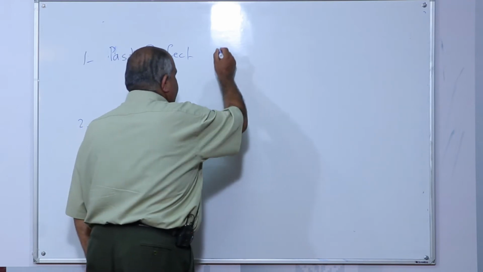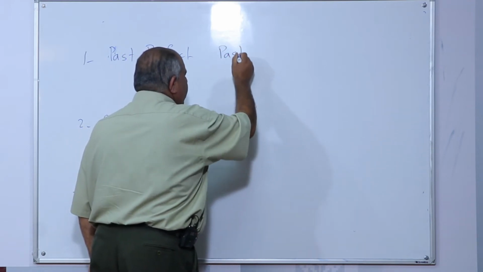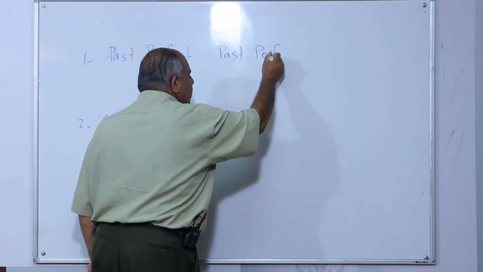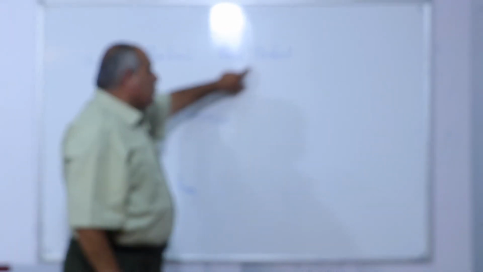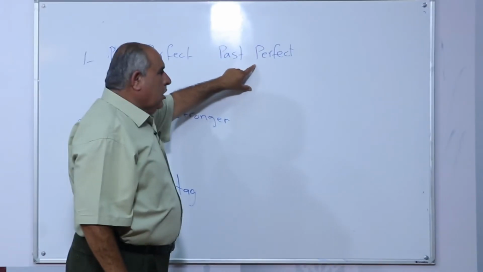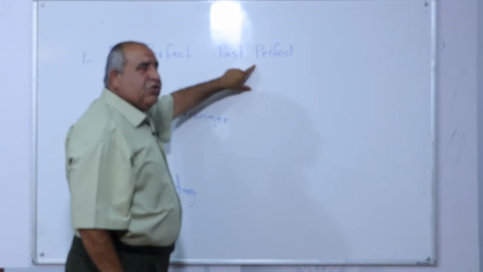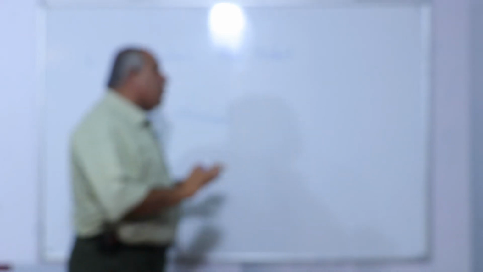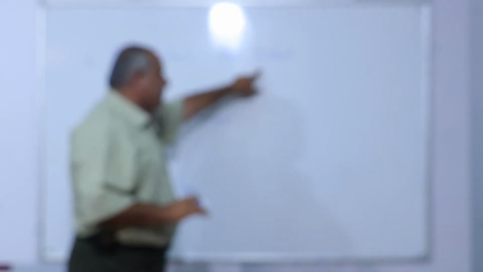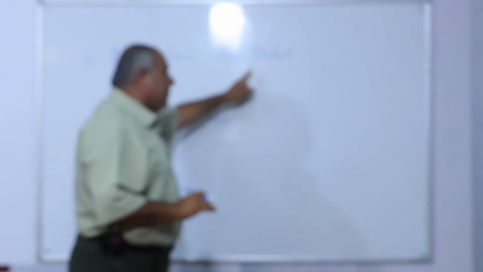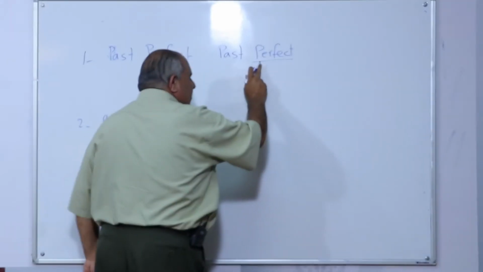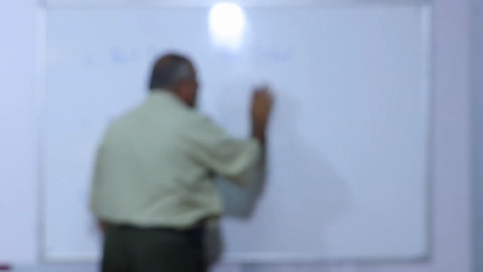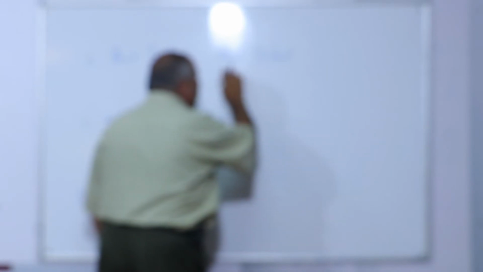Now when we say past perfect, please take into consideration that we talk about a complete action, an action which is finished, which is complete, which is perfect. Therefore, but in the past, we talk about something in the past. So this is the meaning of past perfect. It is an action, a verb, which was complete and perfect in the past.